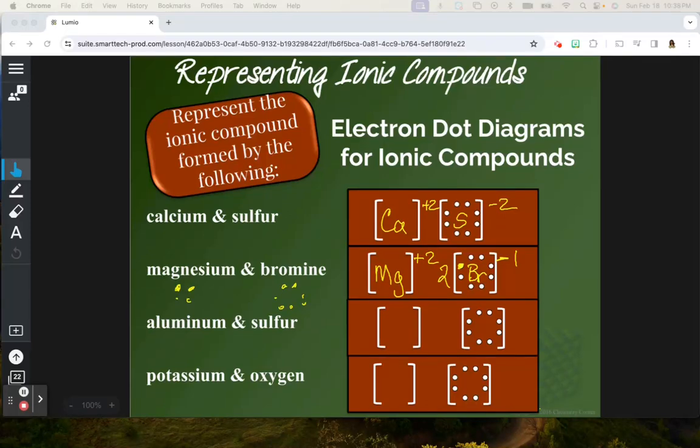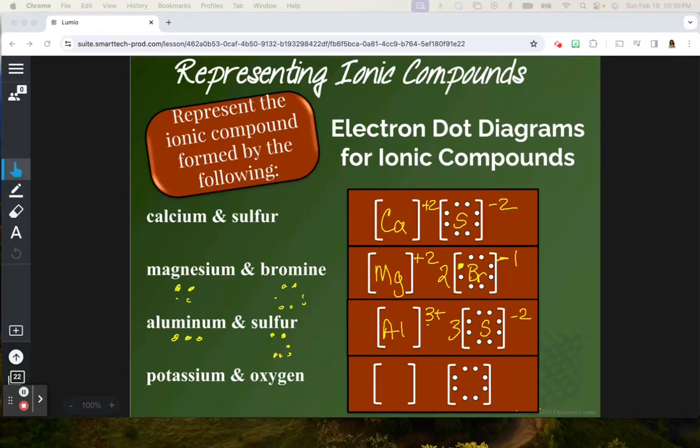Over here we have aluminum with its 3 valence electrons. Sulfur has 6 valence electrons. So aluminum will have to lose its 3 valence electrons. Sulfur needs to gain 2 valence electrons. So we're going to have to do this thing called crisscross. This 3 is going to be placed here.